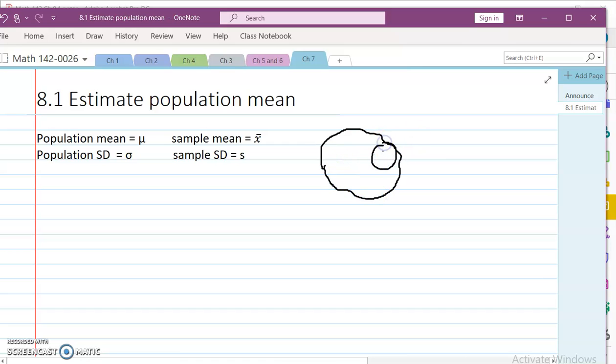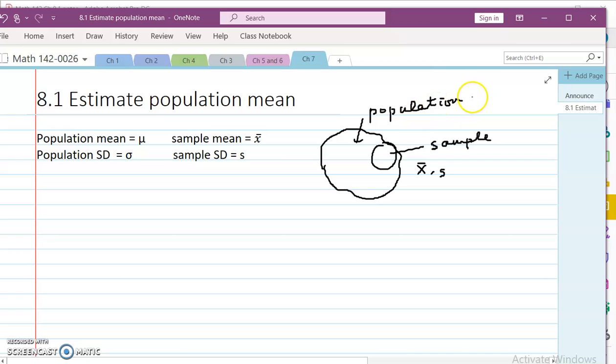This is the big population, which could consist of a lot of data values, and this is a small sample with a manageable number of values. We can calculate X bar, and then we can calculate the standard deviation of that sample.